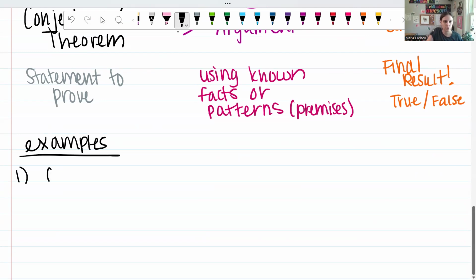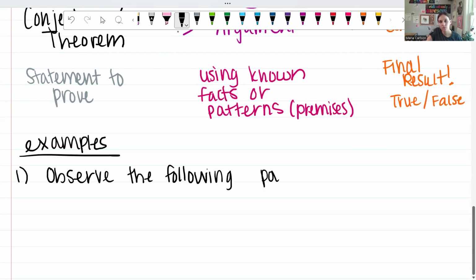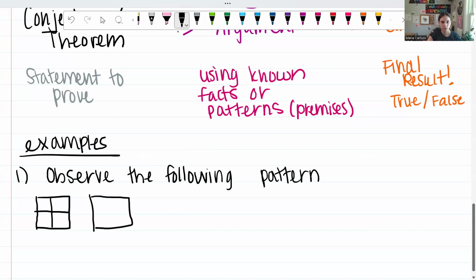Example 1, we are going to observe the following pattern. So we are going to have a set of squares, and each one is going to be checkered. There are 5 of them in total: 1, 2, 3, 4, 5. It does not have to be amazing, you just need to get the gist.